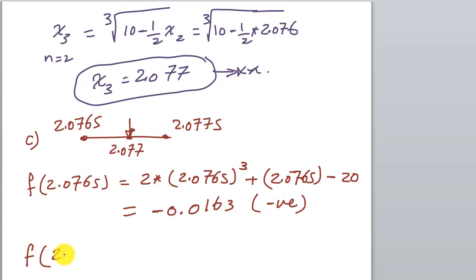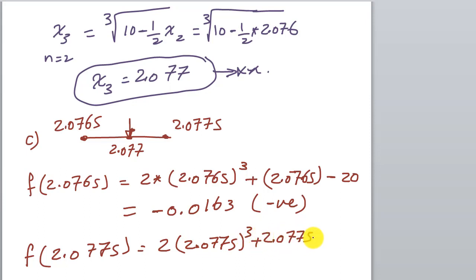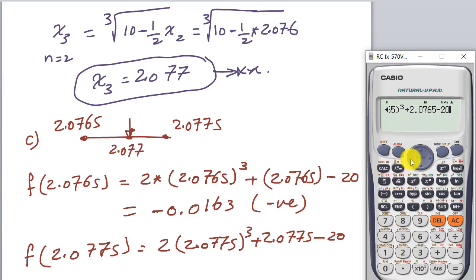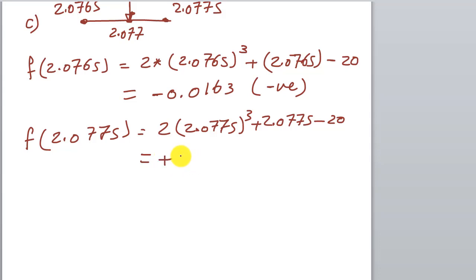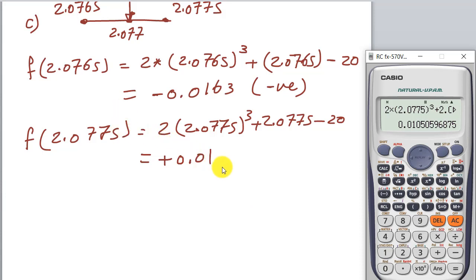Now f(2.0775): 2 multiplied by 2.0775 power 3 plus 2.0775 minus 20. So we go again to the same equation, and in place of 6 here, we change it to 7. So now the value here is positive. It is equal to positive 0.0105.